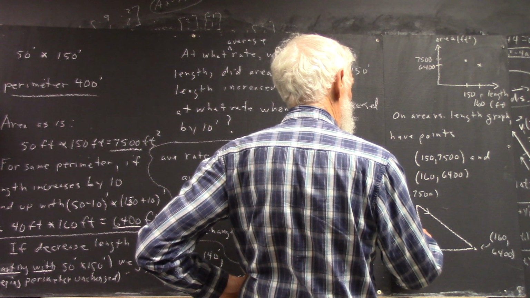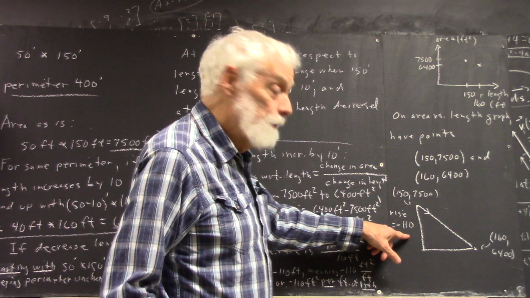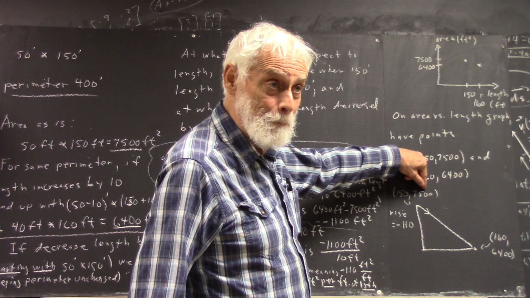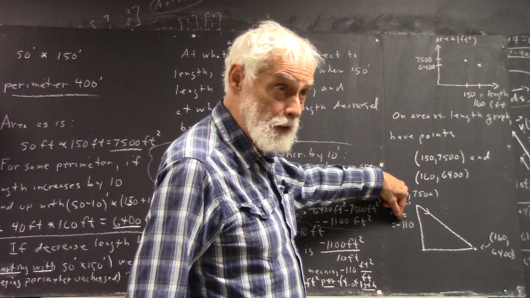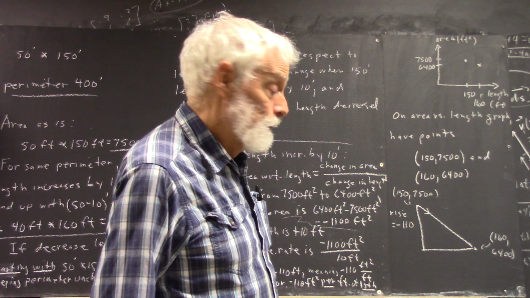Okay, so rise is negative 110. What's that mean? Of course, this means square feet, right? So it'd be negative 110 square feet, and you might want to put units on it, okay?